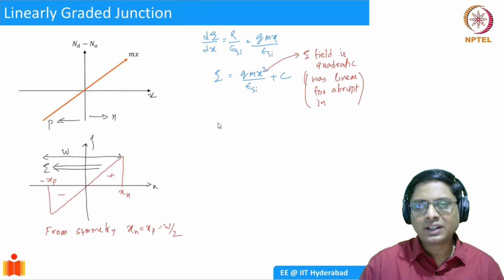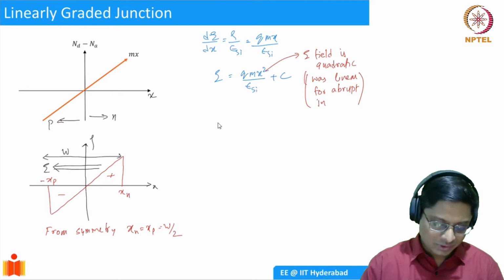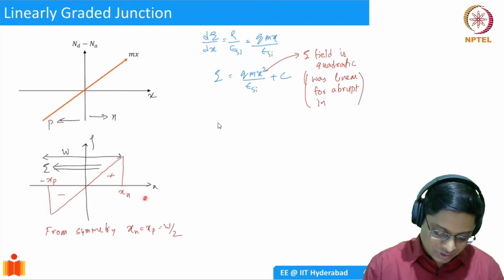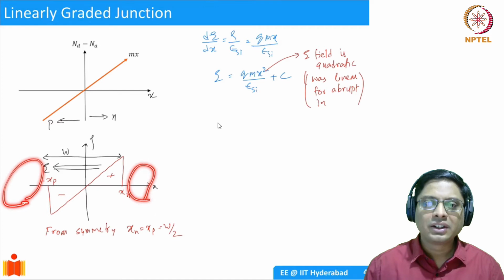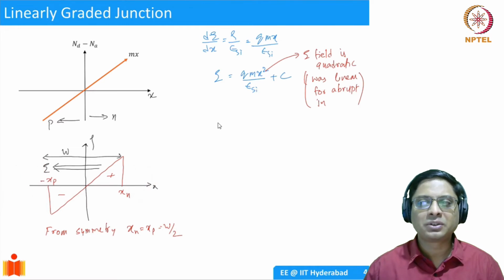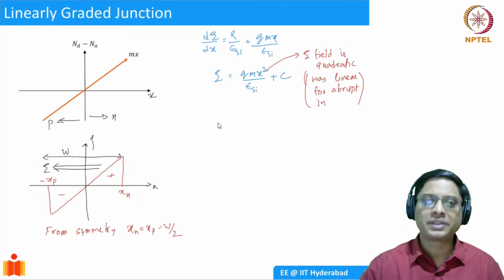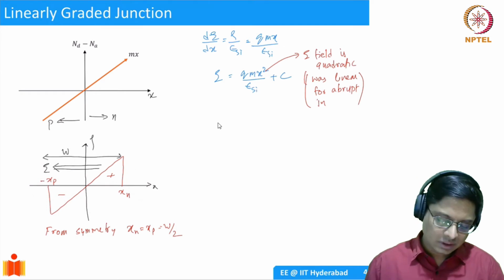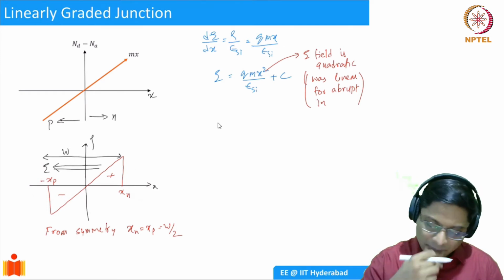So can the electric field be non-zero in the quasi-neutral regions? Because outside this depletion region, it's all quasi-neutral. There is no charge there. So electric field is zero there, right? And you could also think about it from the perspective of it's like a quasi-metal. You have lots of free charges, so they will respond in such a way that electric field will be zero. So what will be the electric field now?